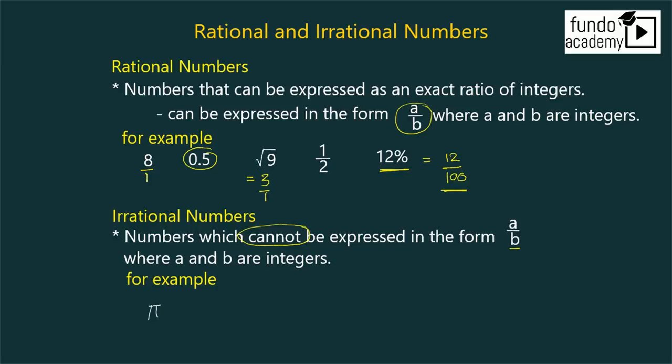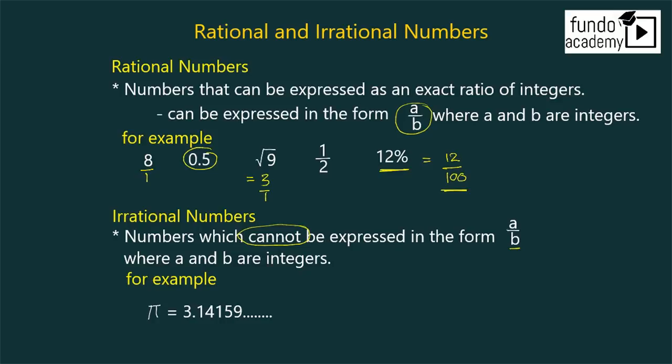Examples of such numbers include the value of pi. We use pi a lot, especially when dealing with circular measure, like the area of a circle, which is pi r squared. If you punch the value of pi in your calculator, you're going to find it coming out something like 3.14159, and it continues to go, extending itself unto infinity and never terminating.